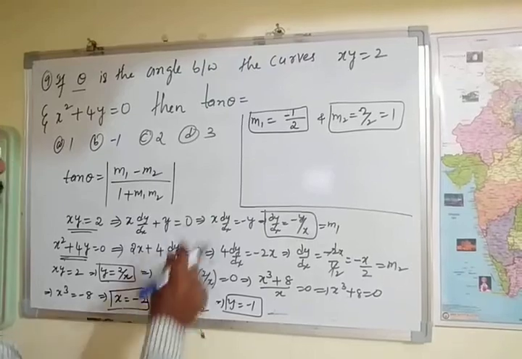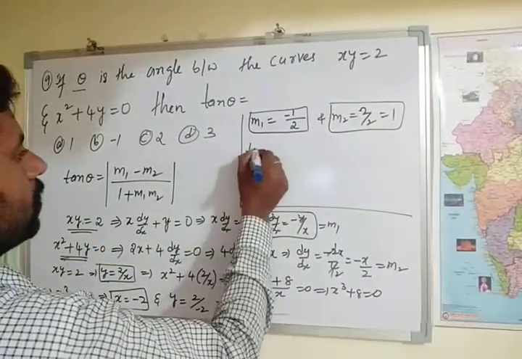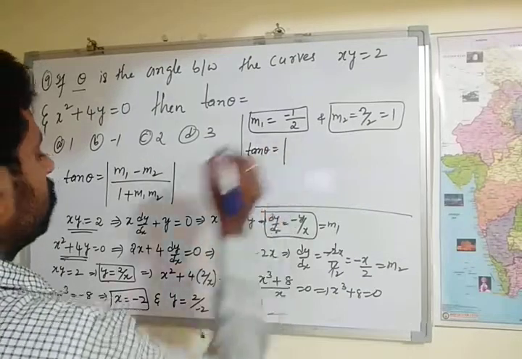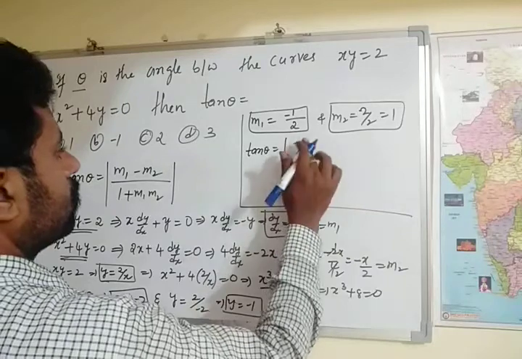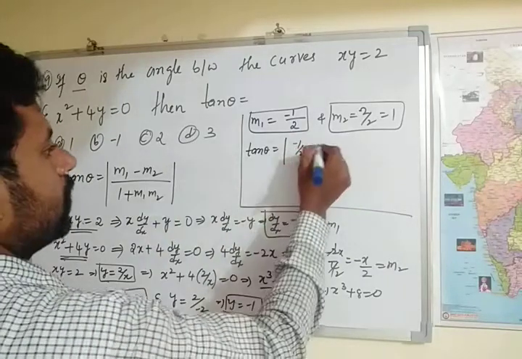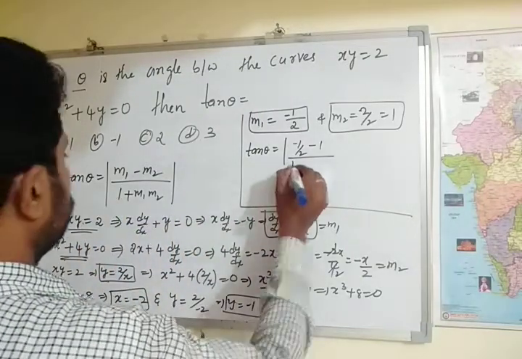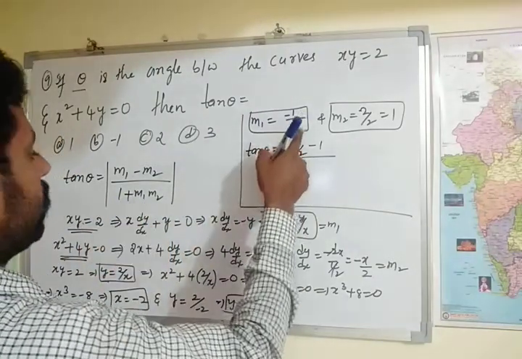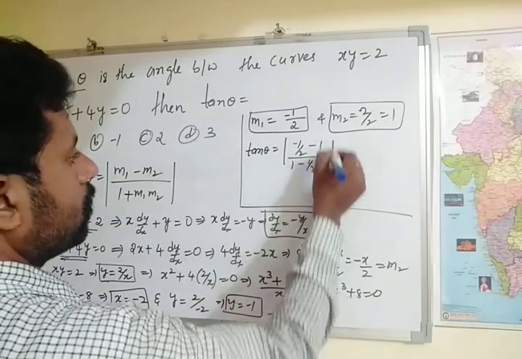Now substitute m1 and m2 in this formula. tan theta is equal to m1 is minus 1 by 2, m2 is 1, minus 1, all divided by 1 plus m1 into m2, which is minus 1 by 2 into 1, that is minus 1 by 2. Next, simplify the result.